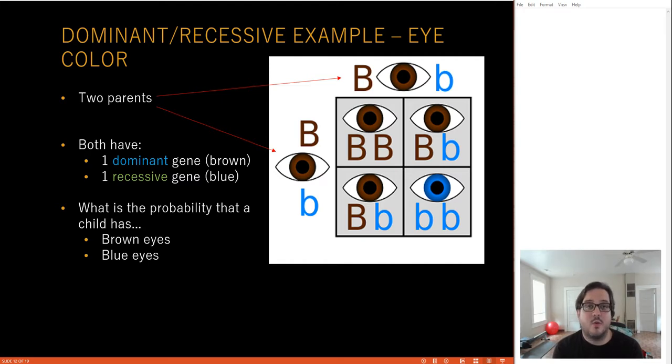In this Punnett square, you can see that 3 out of the 4 individuals would develop brown eyes, and only 1 out of 4 of the children would develop blue eyes. So we can make some guesses about how a child is likely to develop based on the genes that mom and dad have. There are many different patterns of inheritance. This is just one, and I want you to be familiar with how this works.